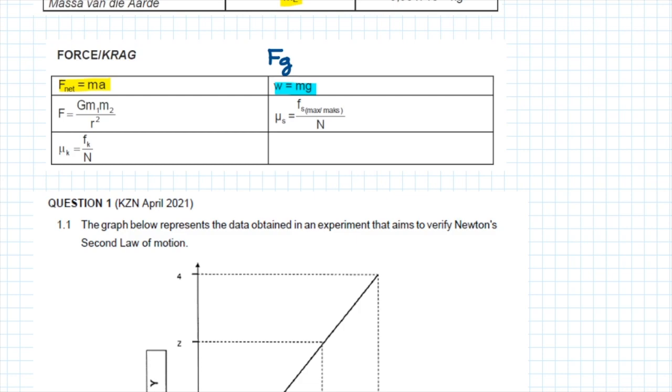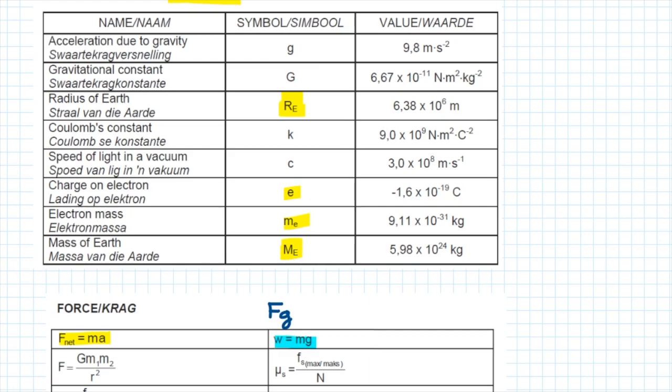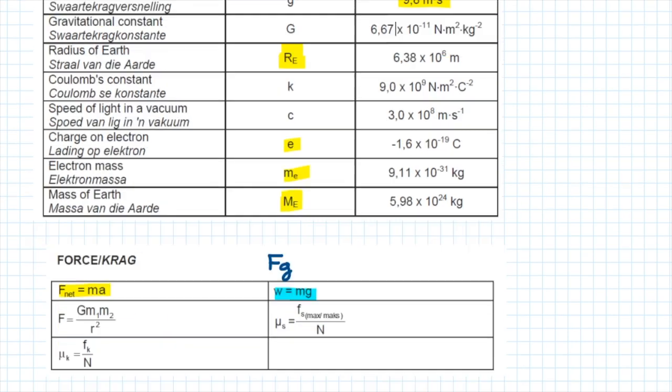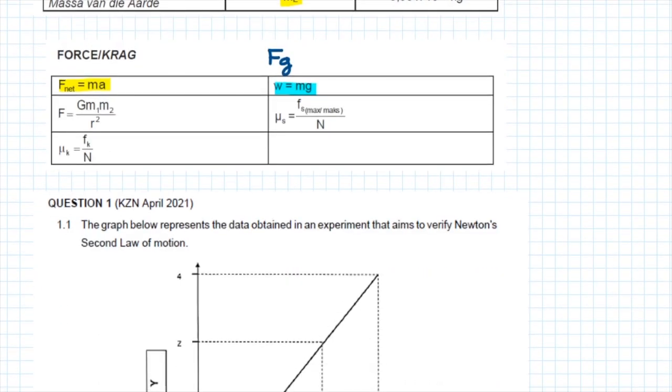This force is also measured in newtons, and g is of course the gravitational acceleration, or the acceleration due to gravity on Earth, given as 9.8 meters per second squared. Then we have the equation that allows us to calculate the gravitational force that two objects exert on each other. On the right hand side we have the formula that we use to calculate the maximum static friction.